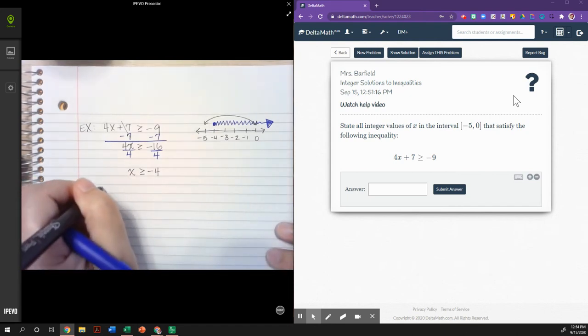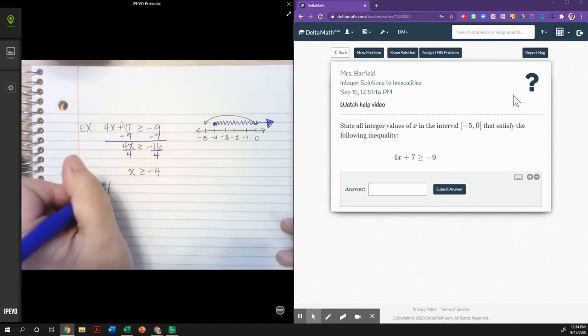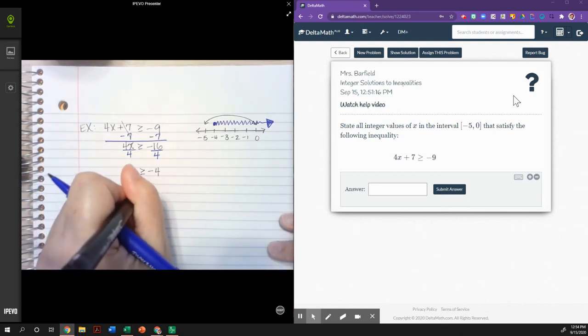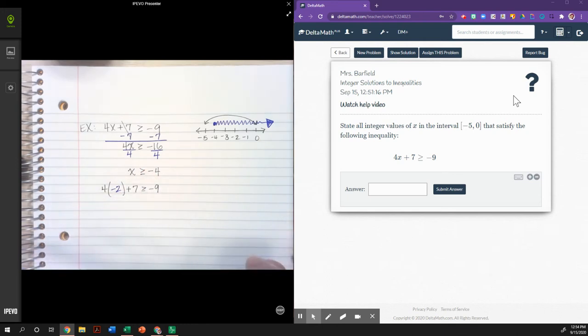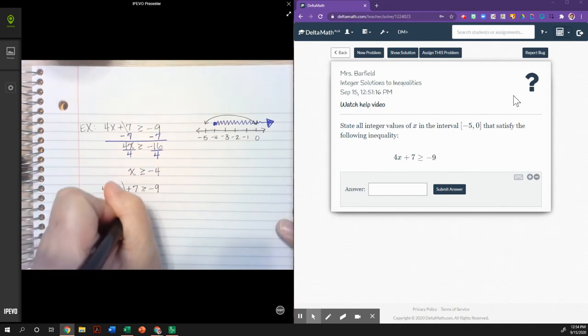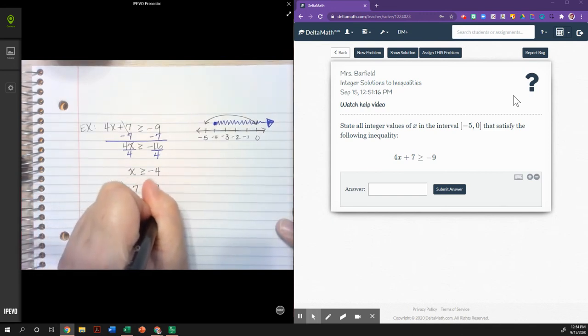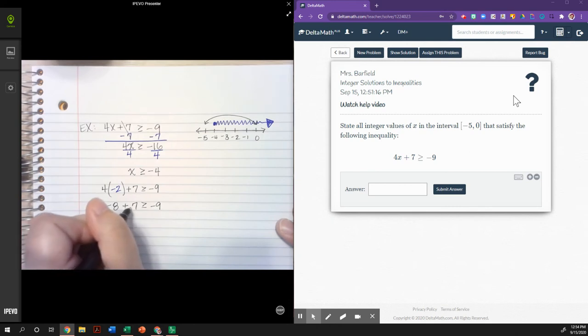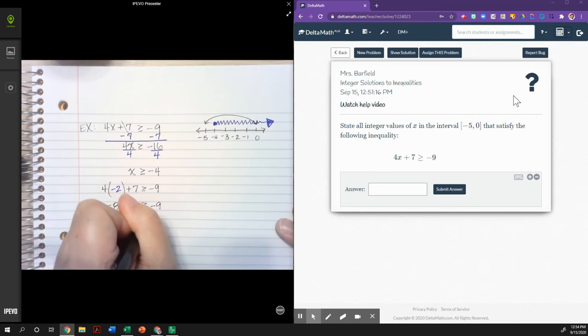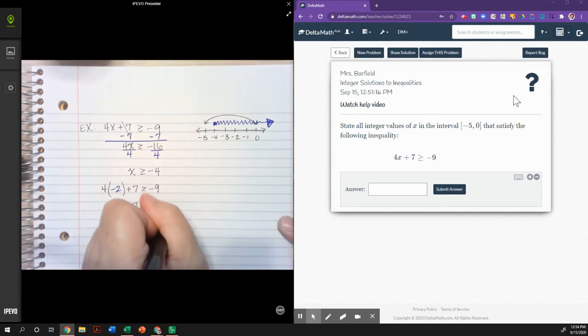So I'm going to take 4 times -2 plus 7 greater than or equal to -9, and this is going to be true when I finish working it out. 4 times -2 is -8, plus 7 is -1, so this is saying that -1 is greater than or equal to -9. Well, that's absolutely true.